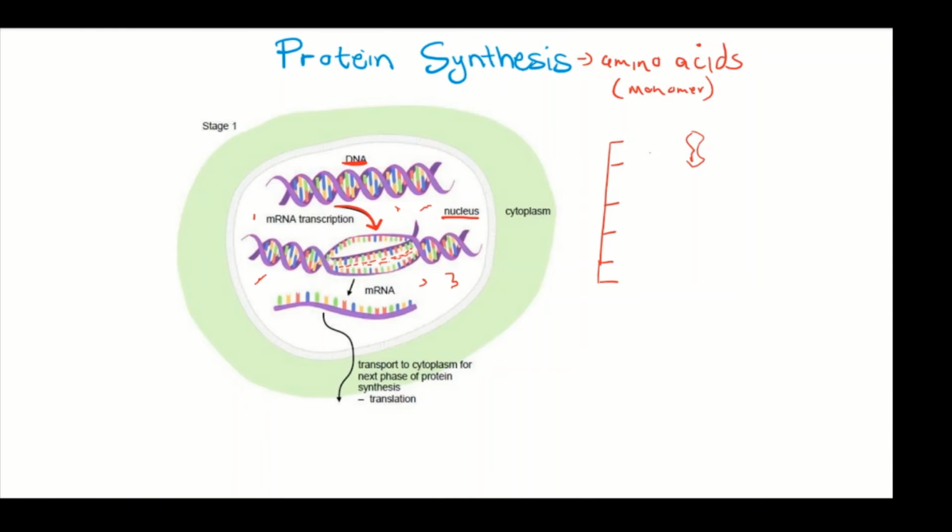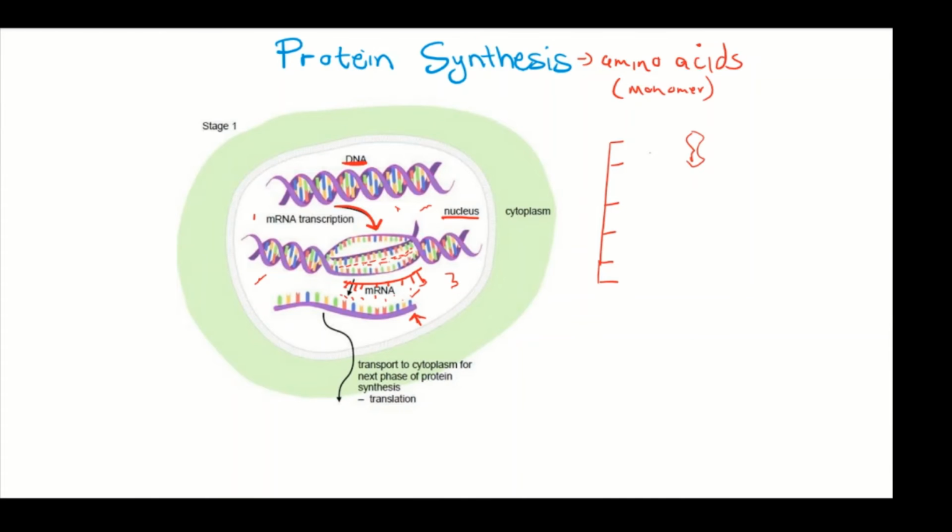So the mRNA, which is this one here, will code the strand of DNA. The strand of DNA has a code on how to manufacture a protein. Then this mRNA will create a code which matches this DNA here.